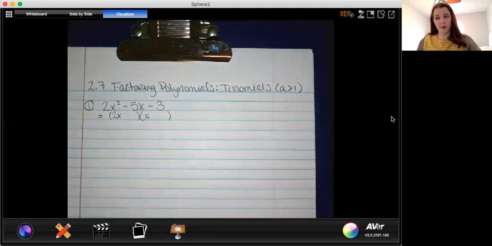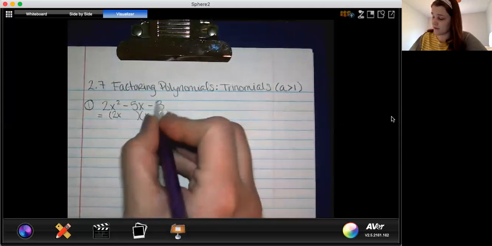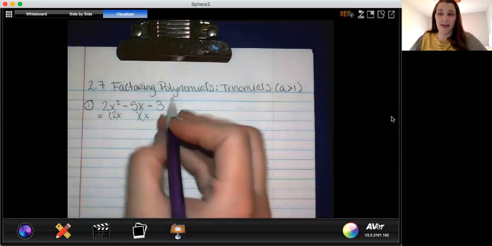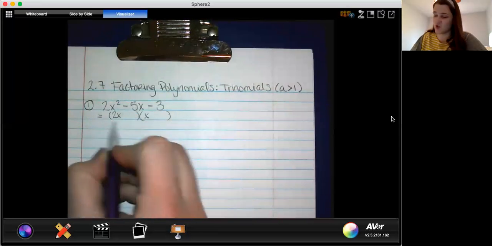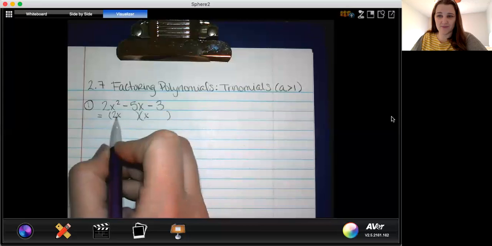I want to split apart the x's, but I also have to honor the 2. So that's why we have 2x and x. Now, how this complicates things a little bit is that you have to have a little bit more guess and check, because we do still want factors of c that add to b, just like the last time, but now you have that 2x that's going to affect things.